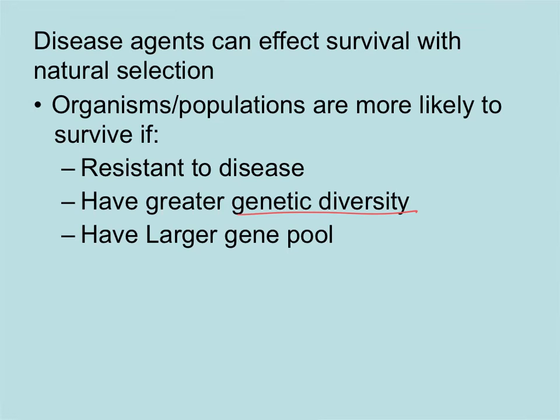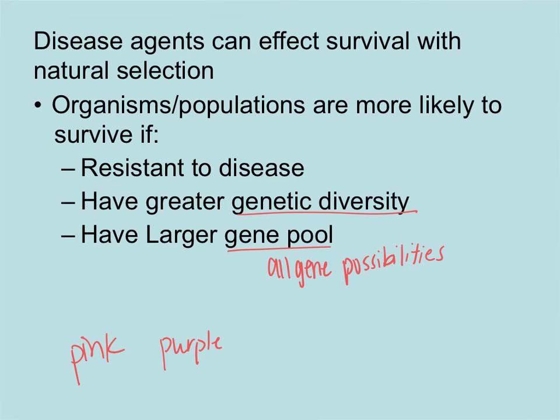Another thing is having a larger gene pool. Your gene pool is basically all of the genes for that species, all your gene possibilities. Let's say we have pink, purple. Those are your only two options. You don't have a lot of choice there.